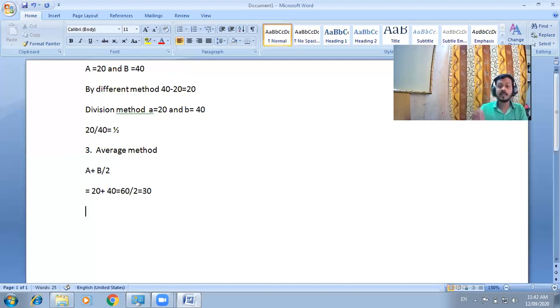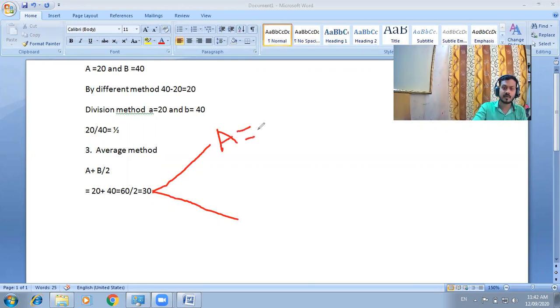But what is the actual meaning of 30? It means that the score of person A, which is 20, is 10 marks less than a reference point.